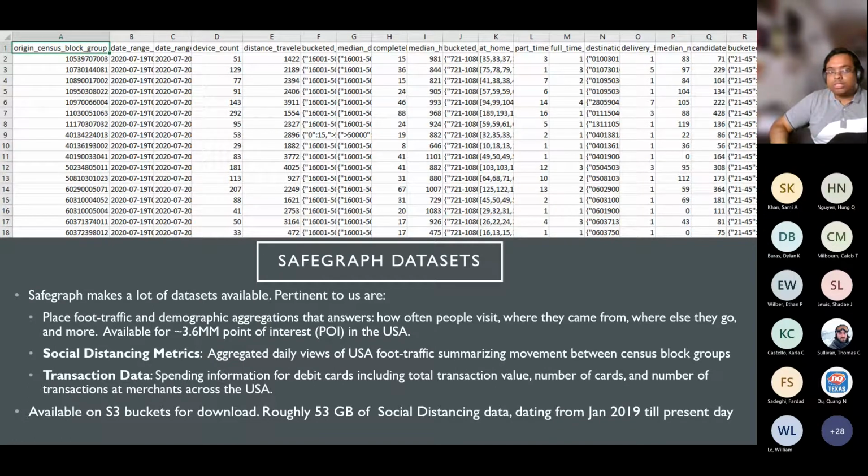What they do using that data is essentially track people. They anonymize the data, and then they can tell you, okay, 500,000 people live within the loop in Houston. Then what percentage of people are moving between different areas within Houston at different time periods?